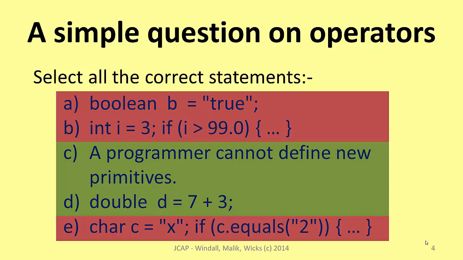If c equals, well, since c is a primitive data type, we should be using ==. And c couldn't be equal to a string, because a char is a character. And since the 2 is in quotation marks, it's being handled as a string. So there's lots wrong with that command.